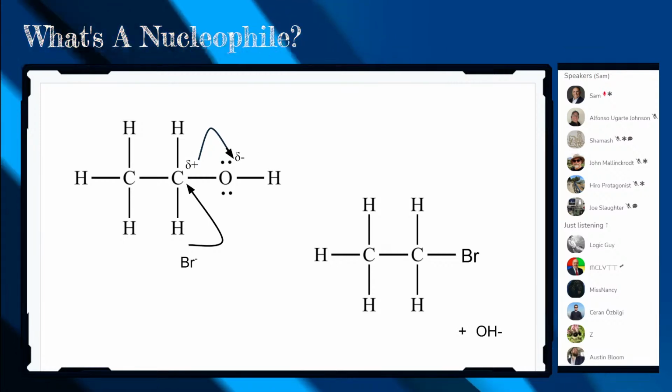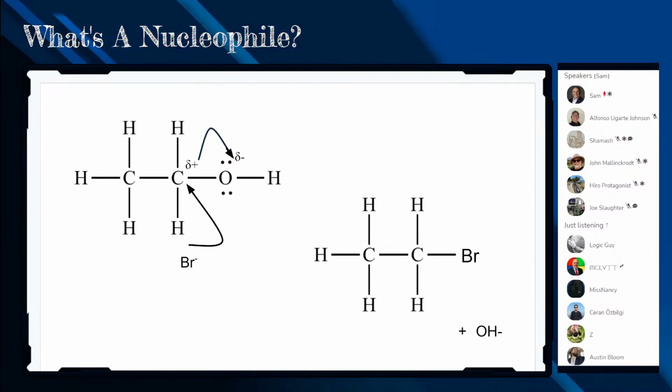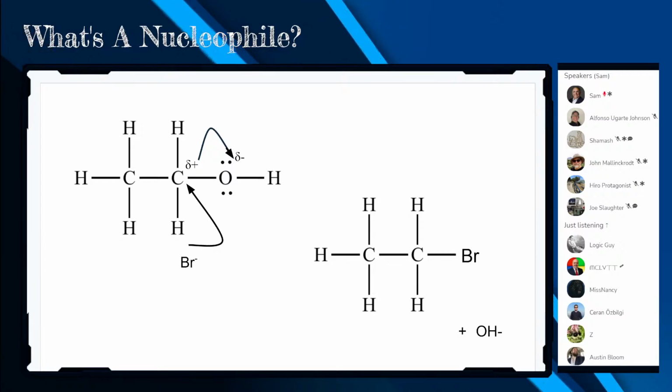The one we're looking at is second order, because it's a primary carbon, a terminal carbon, you're not going to form a carbocation intermediate. And so this is going to go SN2.